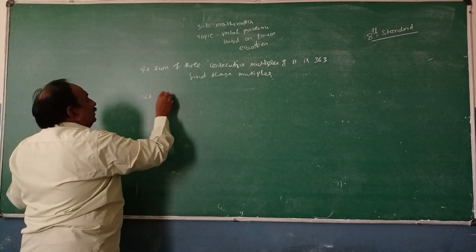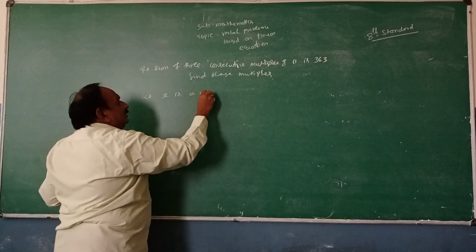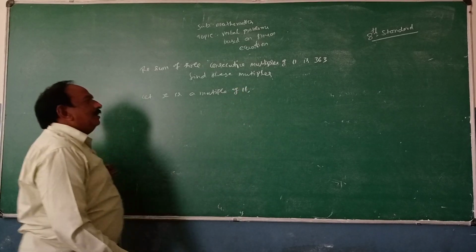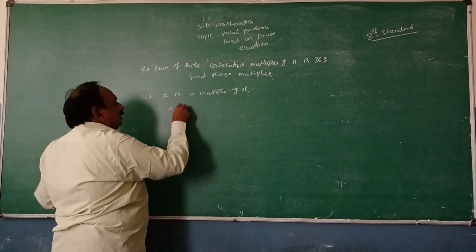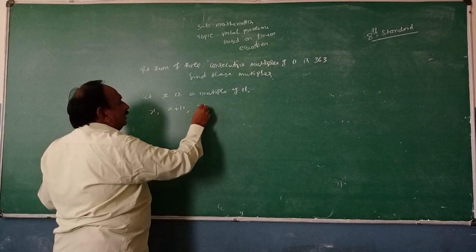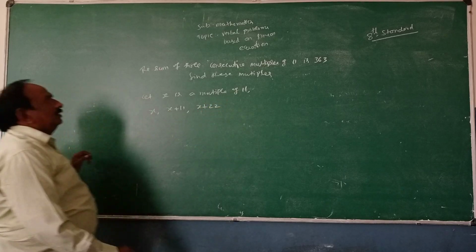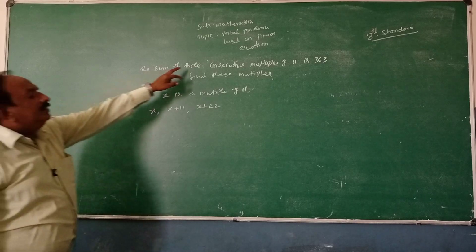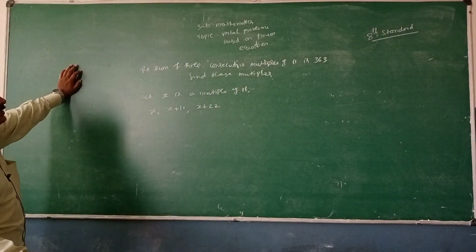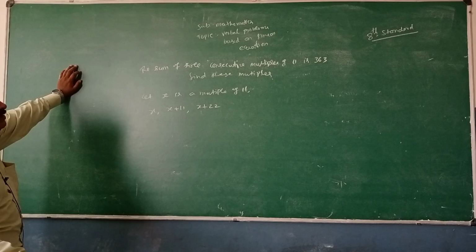Let x be a multiple of 11. The next multiples are x plus 11 and x plus 22. There are 3 consecutive multiples. The sum of 3 consecutive multiples of 11 is 363.